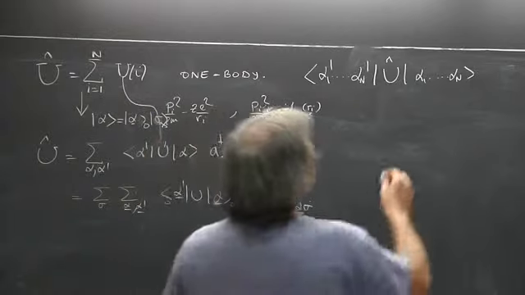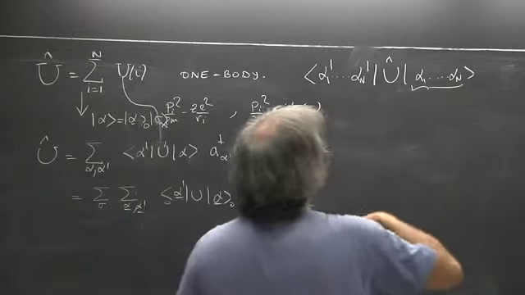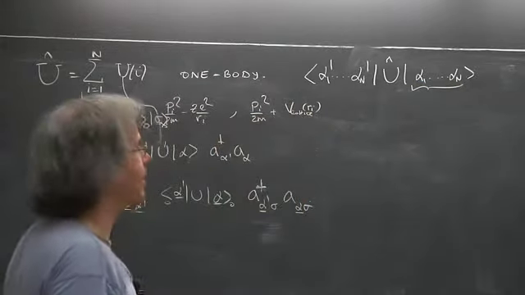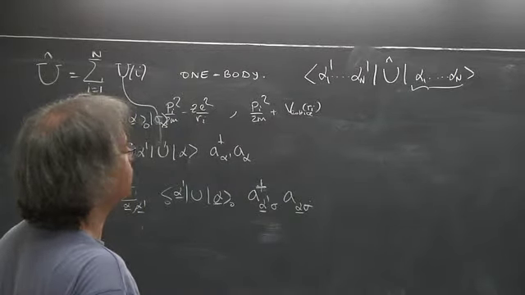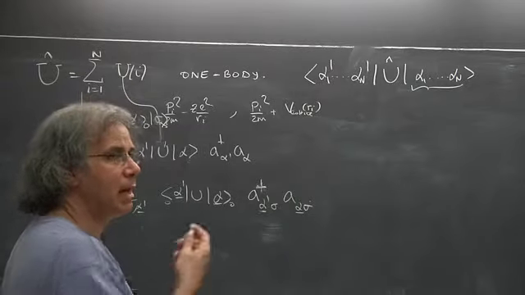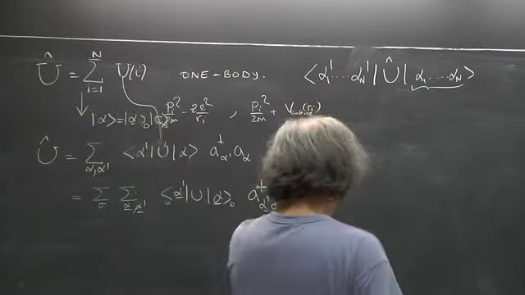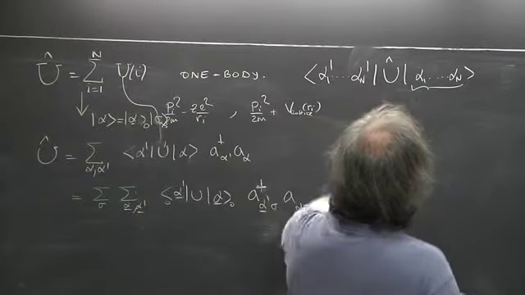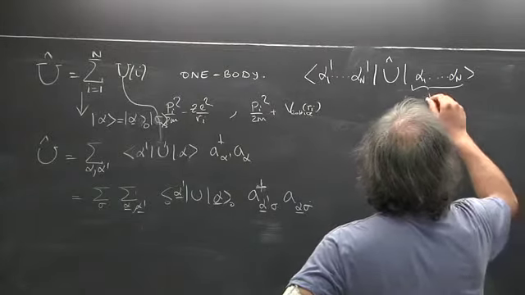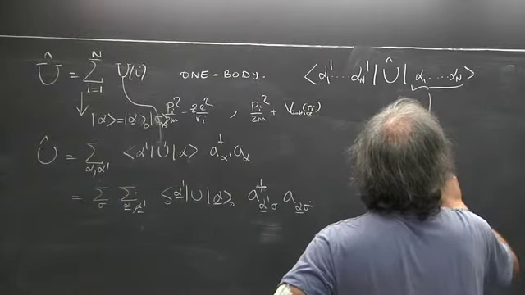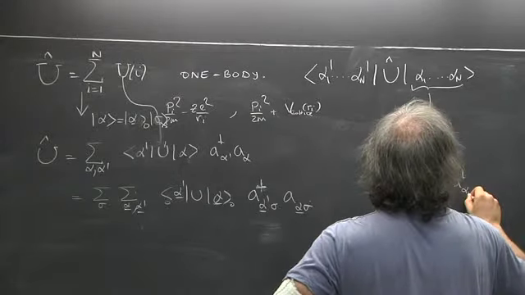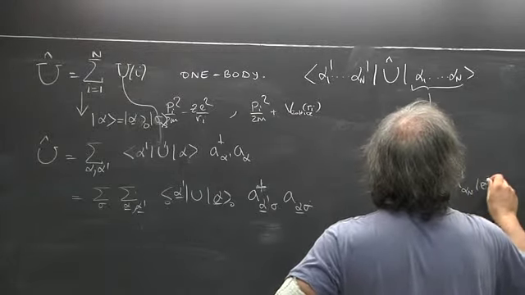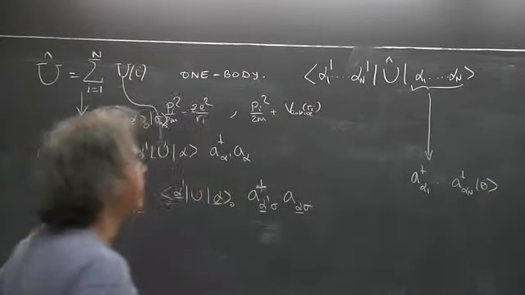Where the states here are the correctly symmetrized states, which are a basis of the many-particle Hilbert space. In second quantization, they look particularly simple. They are just a dagger alpha 1 through a dagger alpha n acting on the vacuum, okay?